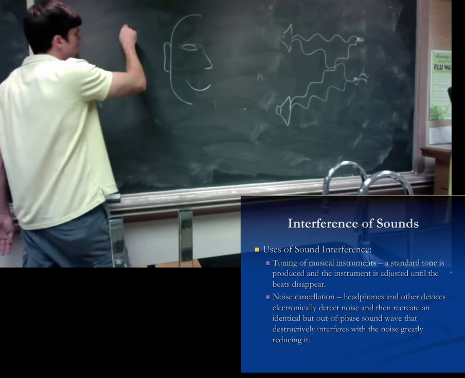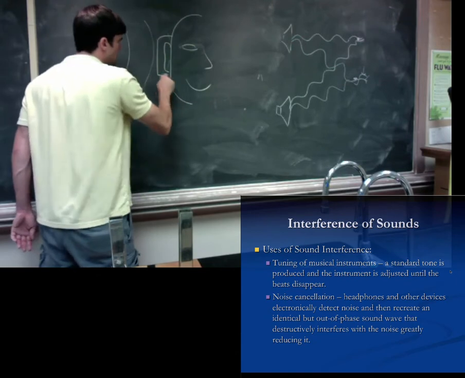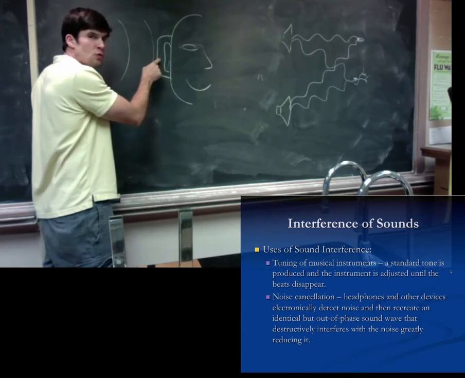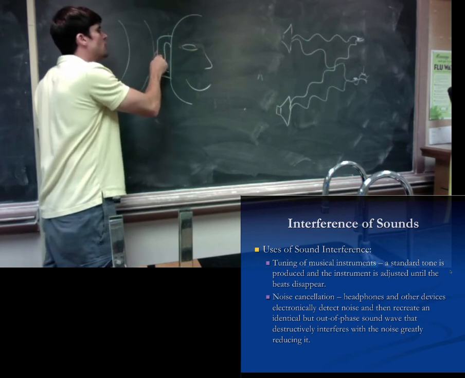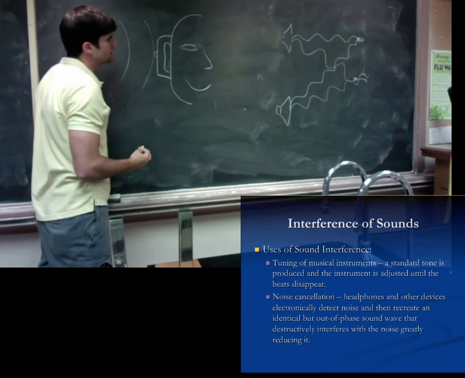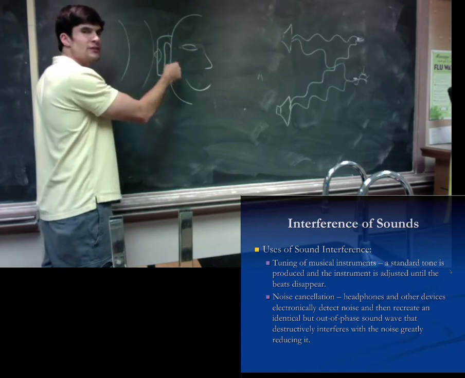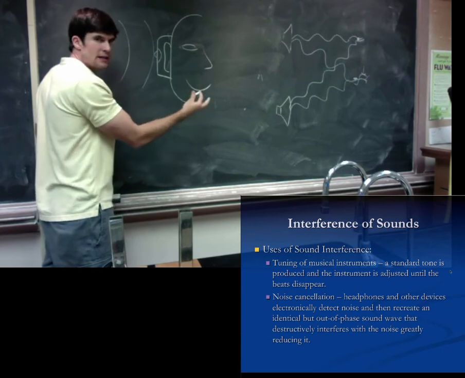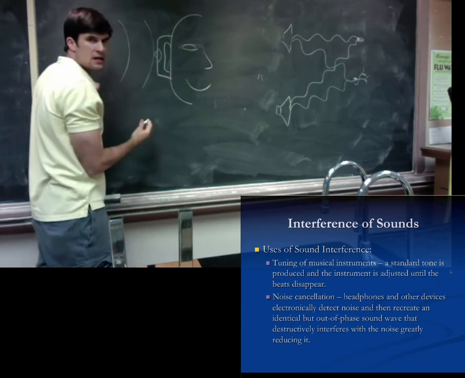So anyway, if you have noise you would rather not be listening to, one way you can get rid of that is to wear a noise canceling headphone. Now what a noise canceling headphone does doesn't block the noise from reaching your ears. What it does is there's a microphone on the outside of the headphone that listens to the environmental noise you want to get rid of, and then on the inside of the headphone there's a little speaker that produces electronically replicated noise, but it's replicated in such a way that it is 180 degrees out of phase from the incoming noise.